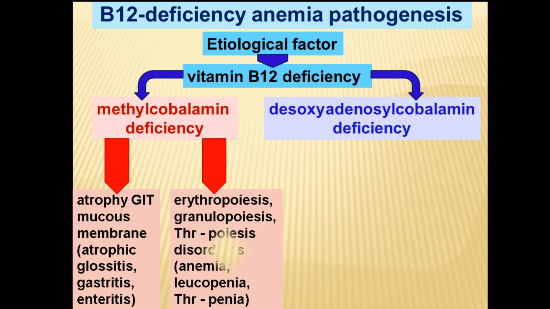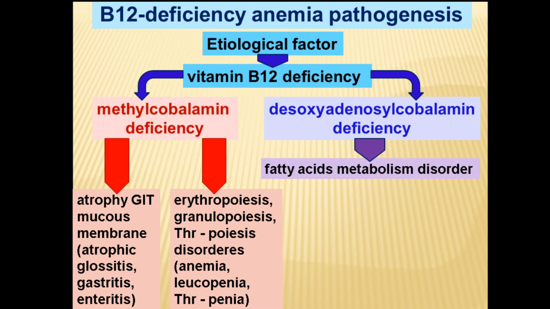As a result of decreased absorption of vitamin B12, there is disordered erythropoiesis, granulopoiesis, and thrombocytopoiesis, in other words pancytopenia, because in the blood we can reveal decreased main blood cells: red blood cells, white blood cells, and platelets.